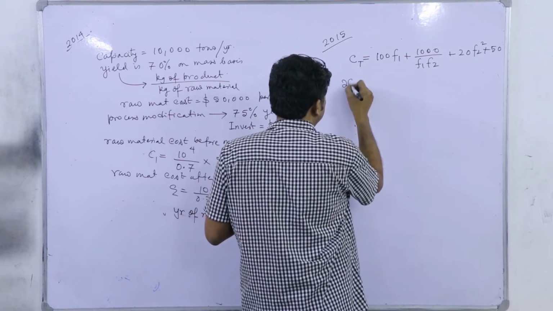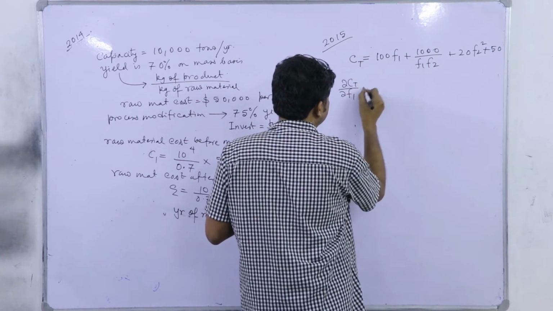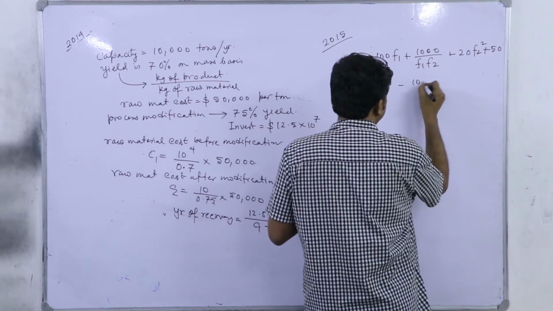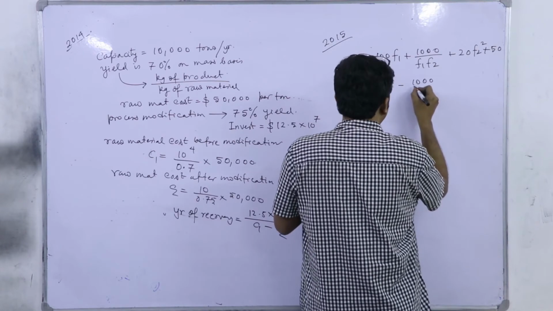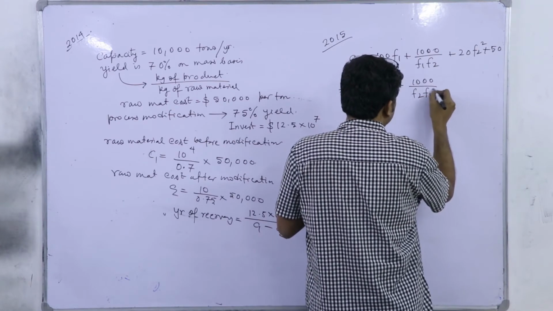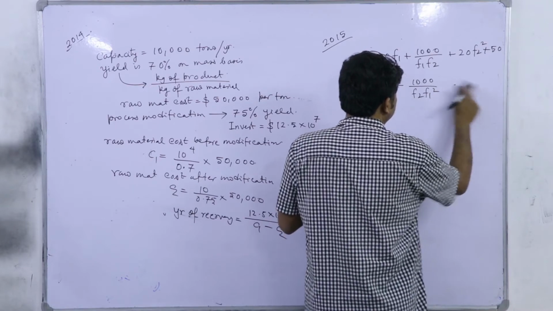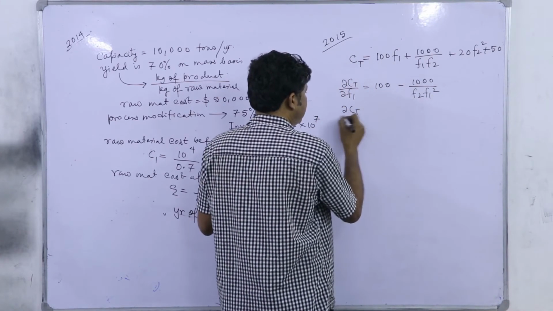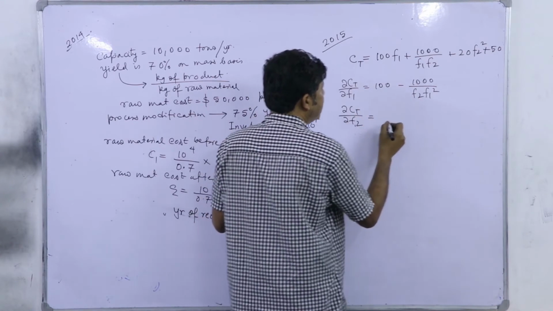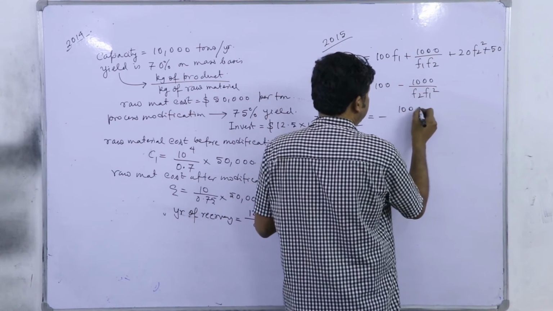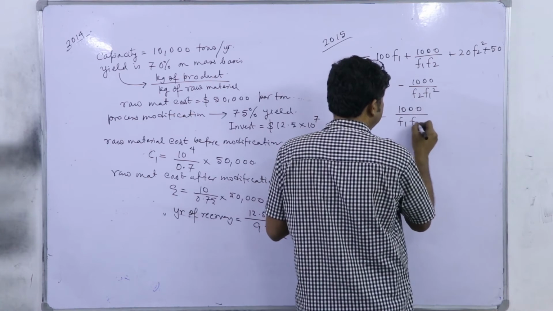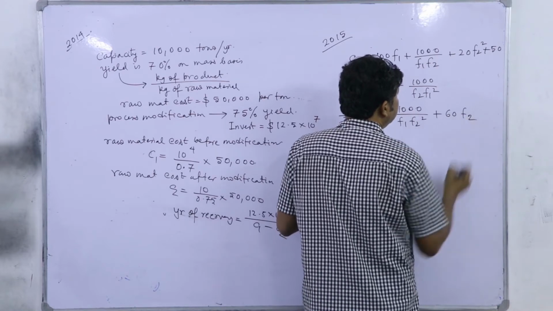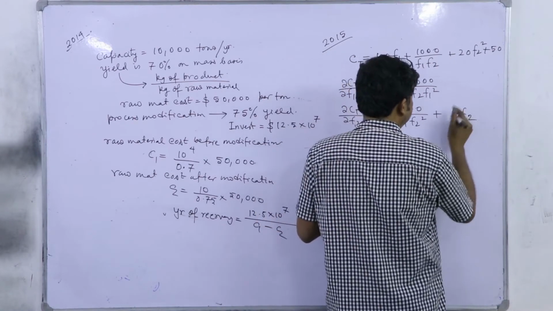So what we have to do, del Ct del F1 is 100 minus this 1000 divided by F2 into F1 square, that much, and del Ct del F2 is minus 1000 divided by F1 into F2 square plus 40 F2.